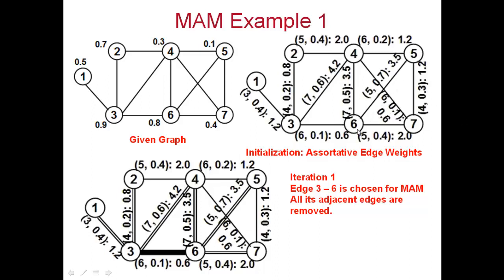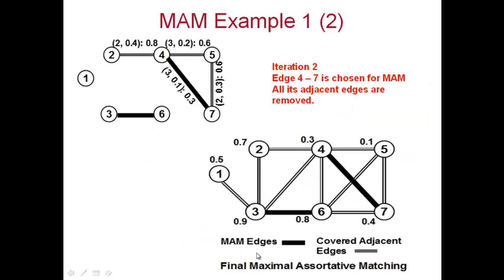Once we pick that 0.6, the corresponding edge 3, 6 is the first edge that is part of our maximal assortative matching. And we automatically discard those 6 adjacent edges from being considered. So these are the remaining edges in the graph, and these are their coverage weight and absolute difference in the matching.